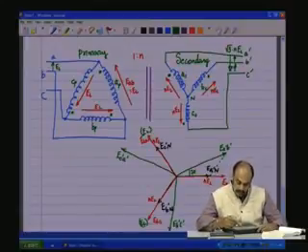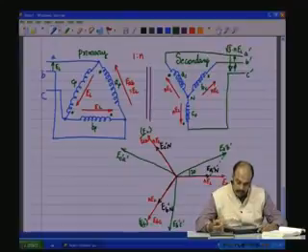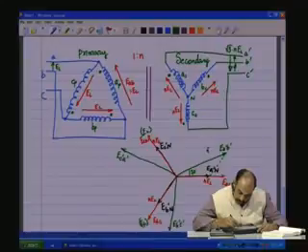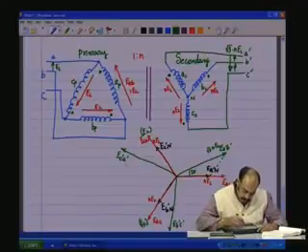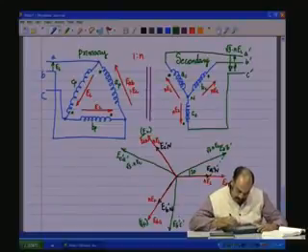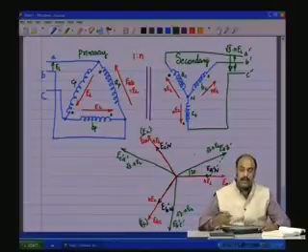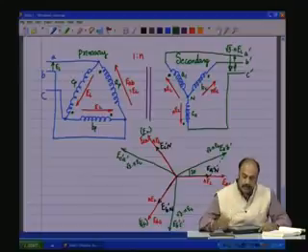So, what you get here would be root 3 into N EL, root 3 into N EL, root 3 into N EL. So, that would be the amplitudes of the voltages there.